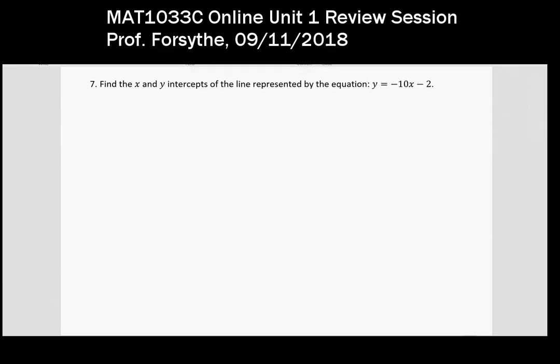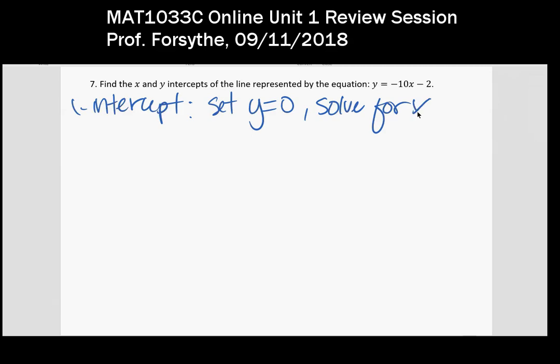Number 7, find the x and y intercepts of the line represented by the equation y equals -10x minus 2. So let's start with the x-intercept. To get the x-intercept, you want to set y equal to 0 and solve for x.